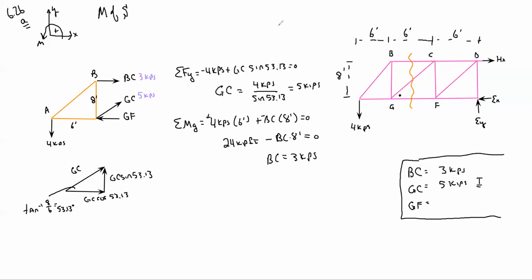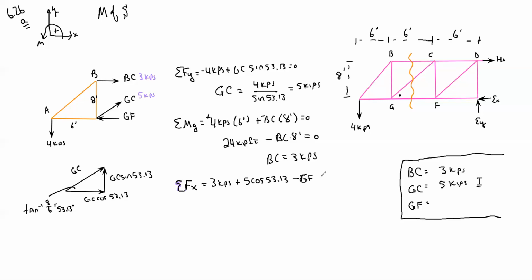Now I think we can just take the summation of the forces in the x direction. So let's see what we've got. We've got positive 3 kips. We've got GC times cosine 53.13, also in the positive direction. So 5 cosine 53.13 minus GF.